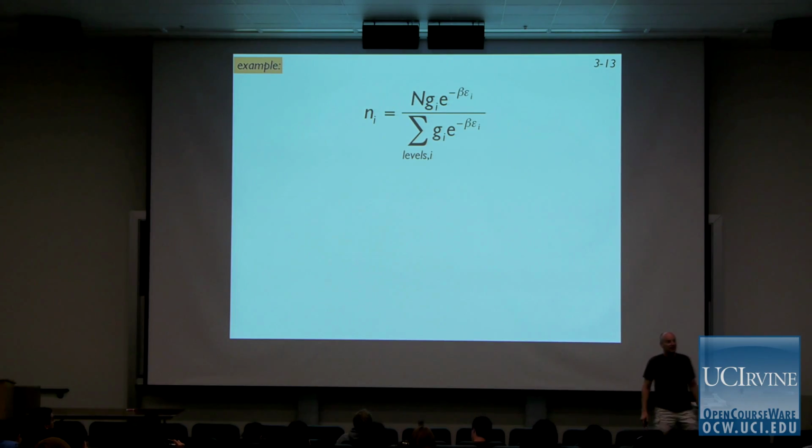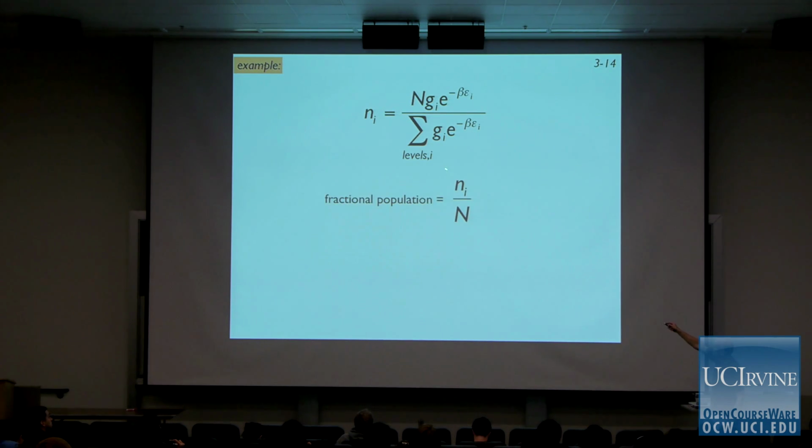So we start with this equation that we derived on Wednesday. Okay, there's our partition function. What we want to evaluate is the fractional population, right? The number of atoms in the state divided by the total number of atoms in each one of those 4 states.